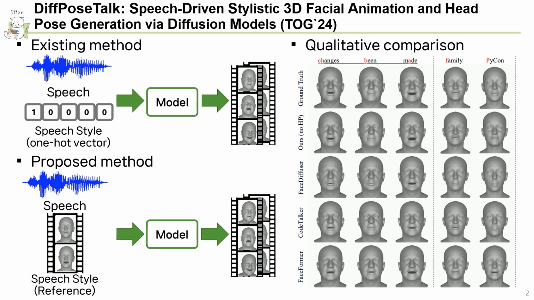Existing models such as FaceFormer, CodeTalker, and FaceDiffuser often generate less expressive or inaccurate mouth shapes. In contrast, DiffPoseTalk produces more accurate and natural movements that closely resemble the real data. On the right, we see words like "family" and "Python", and DiffPoseTalk captures the subtle facial details and mouth movements, while other models produce less variation and realism.